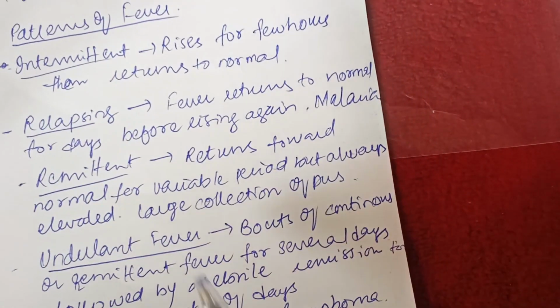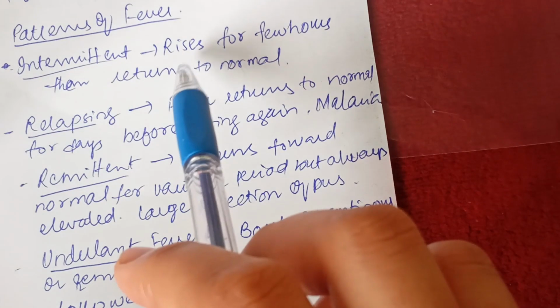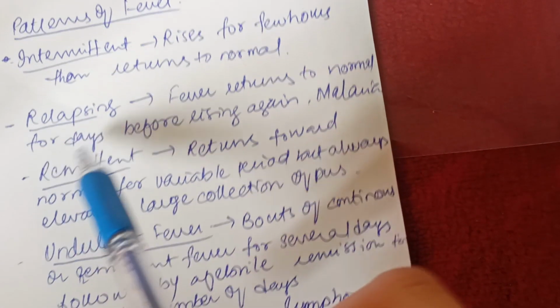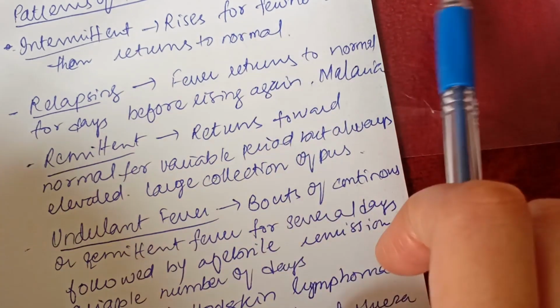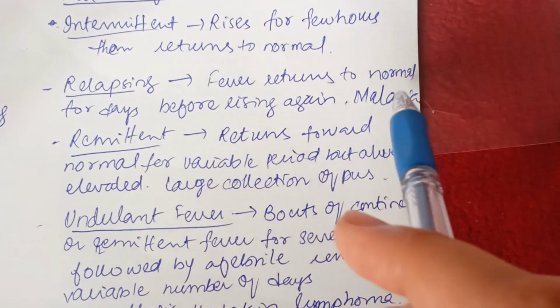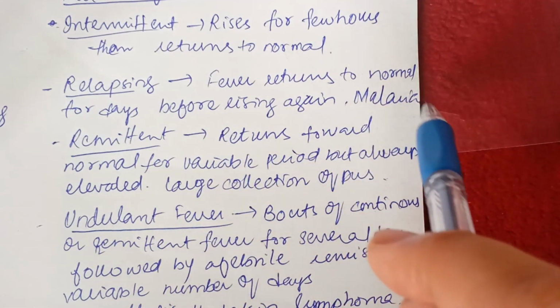Now, there are different patterns of fever. Like intermittent pattern, in which the fever rises for a few hours and then returns to normal. Relapsing fever is that the fever returns to normal for days before rising again, like malaria.